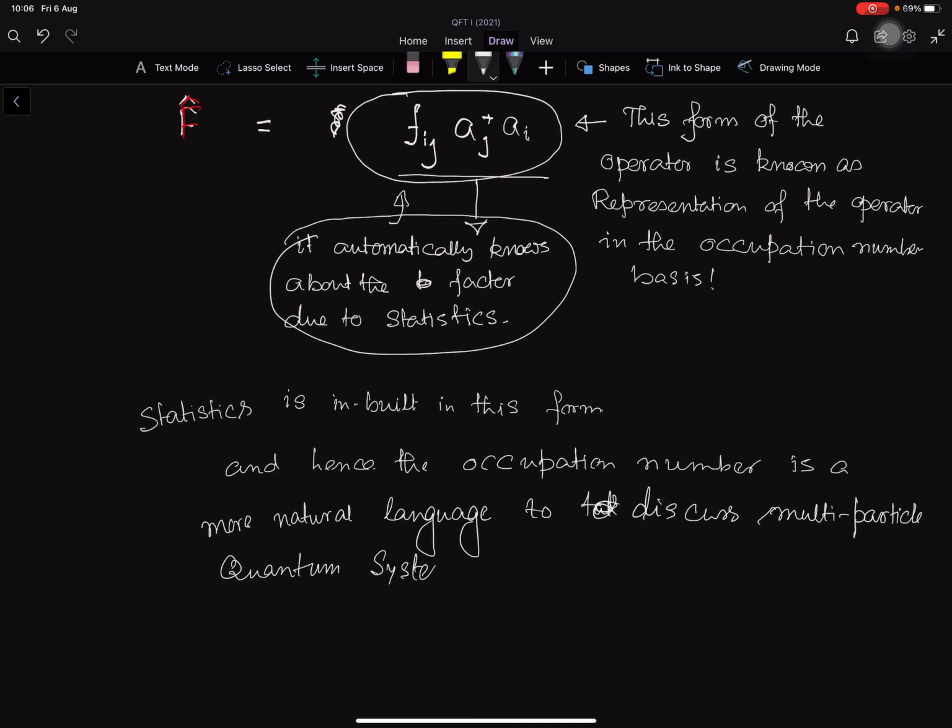So what we have seen is that we have taken single-particle operators and represented them in the occupation number basis.